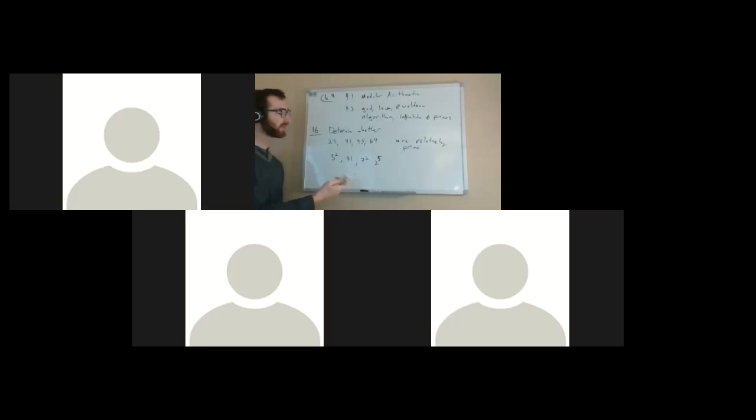So the point is here, to actually naively check whether this collection is pairwise relatively prime, I need to form every single pair, right? I need to check, is 25 relatively prime to 41? Is 25 relatively prime to 49? Is 25 relatively prime to 64? And then is 41 relatively prime to 49? Is 41 relatively prime to 64? So there are a lot of pairs that I would have to check if I wanted to check each pair.